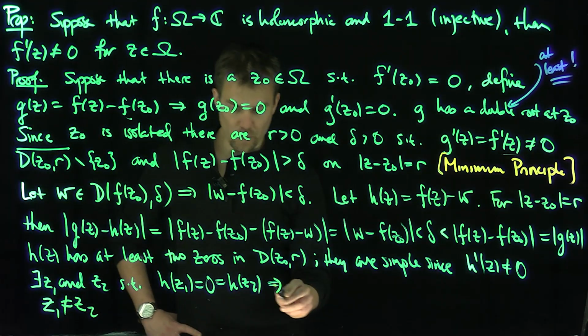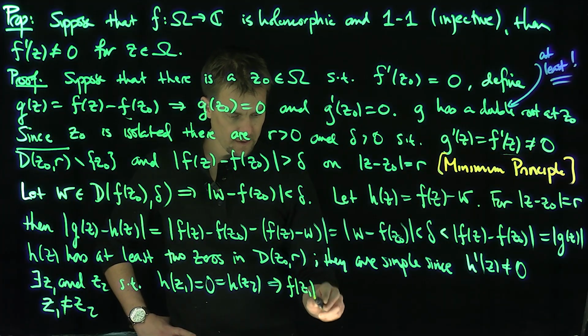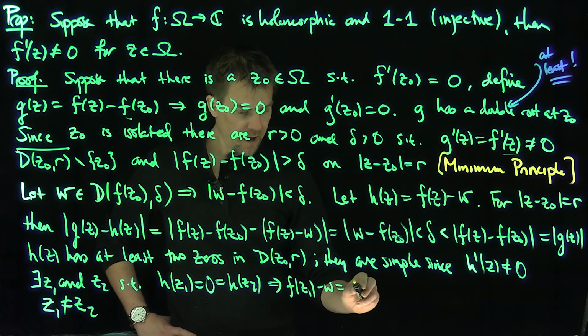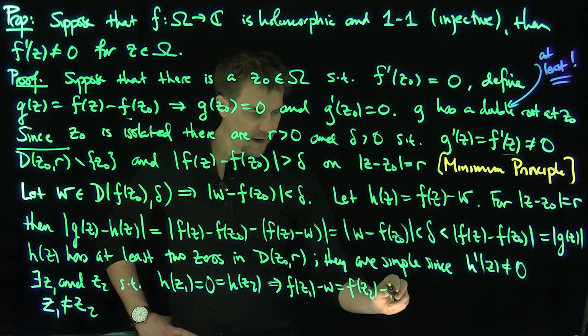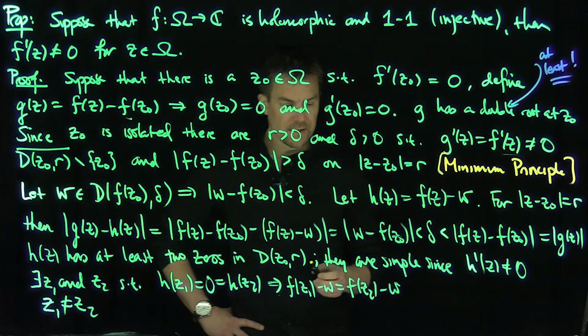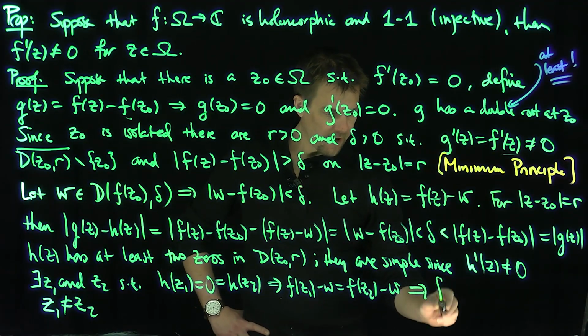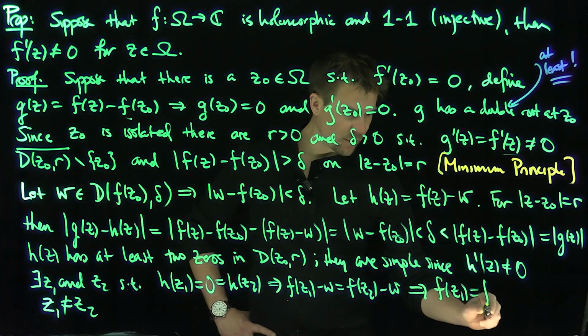But that forces f of z1 minus w to equal f of z2 minus w, right? Good. And so this automatically forces f of z1 to be f of z2, and that's a contradiction.